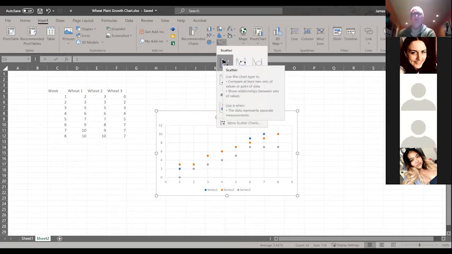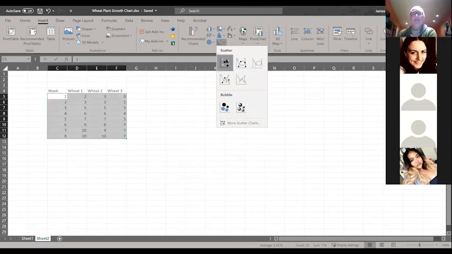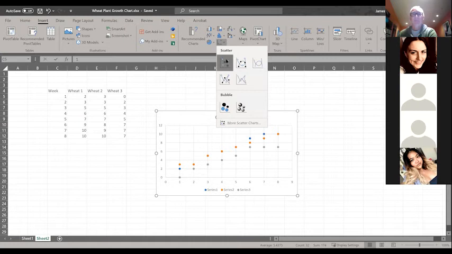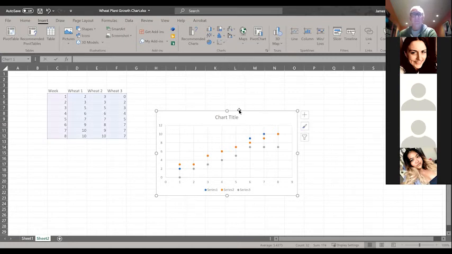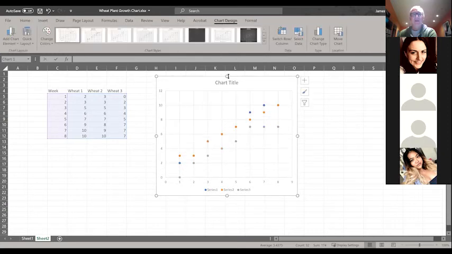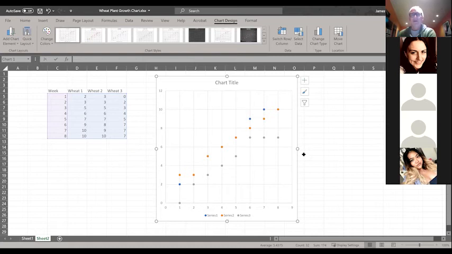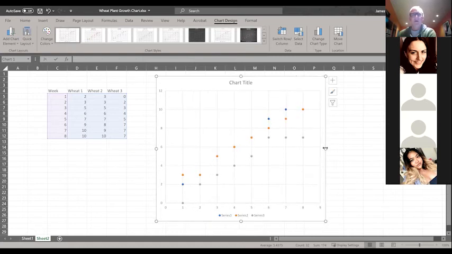Right now we don't want any lines, because we're going to look at the data and see what kind of lines we want. So we select this first one. Then I'll make it a little bit bigger so I can see all my data.